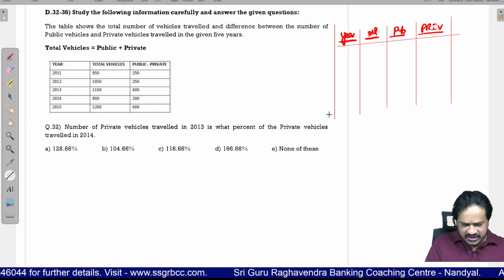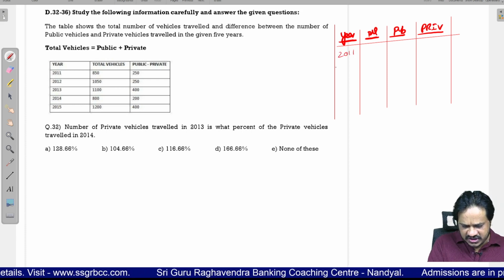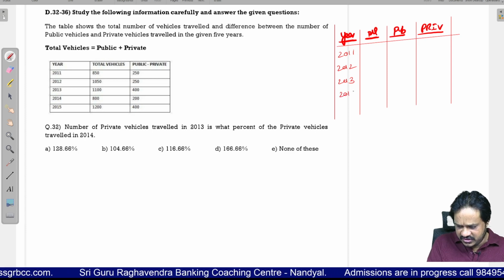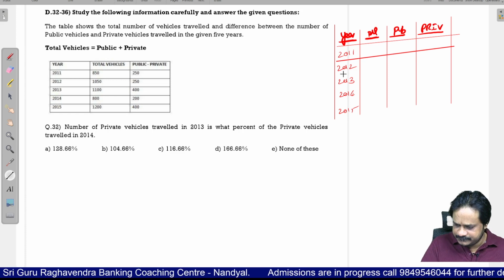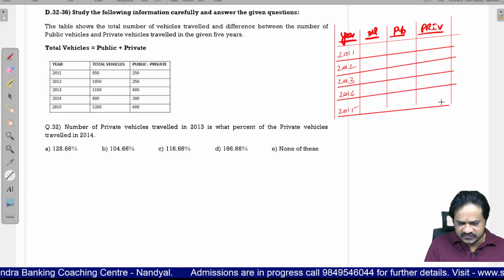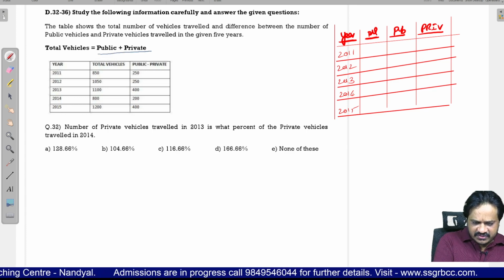Below the years you have to take 2011, 2012, 13, 14 and 15. First of all, here total means public plus private.